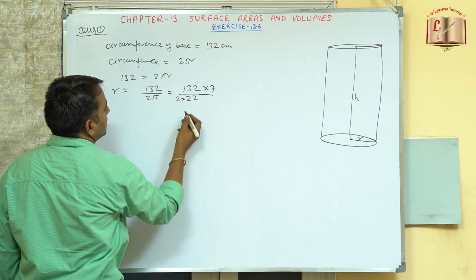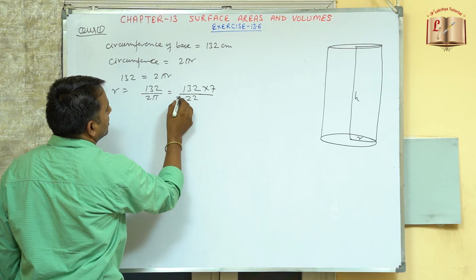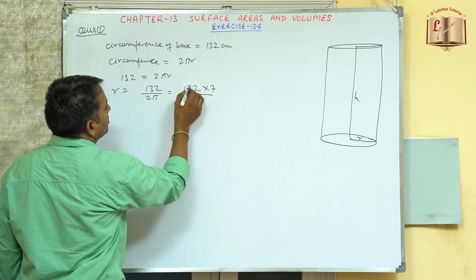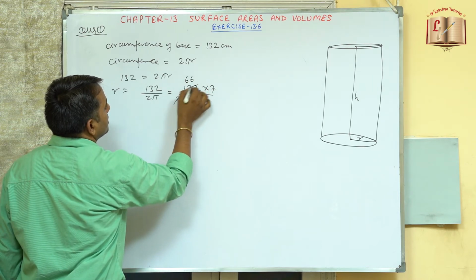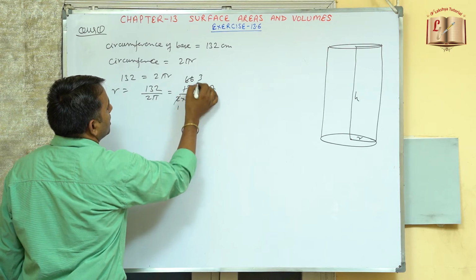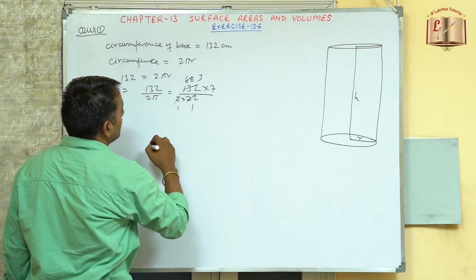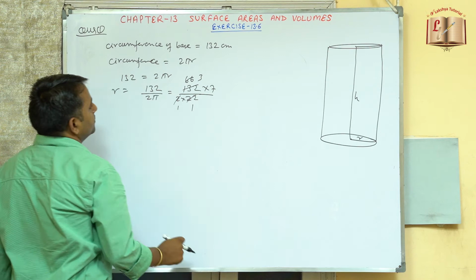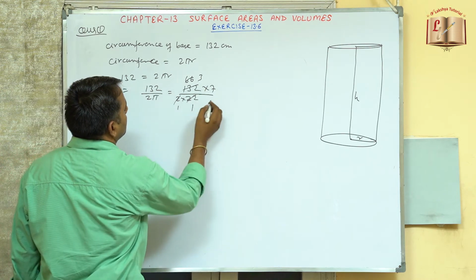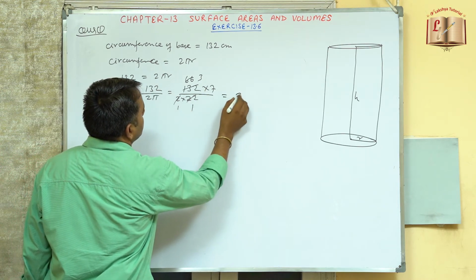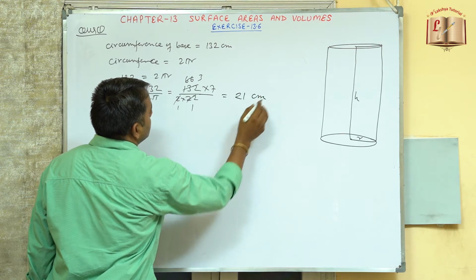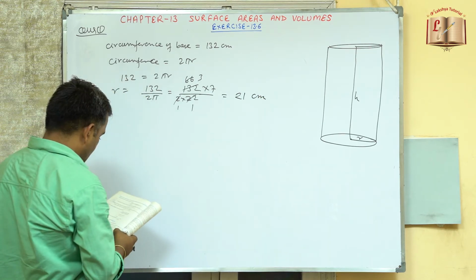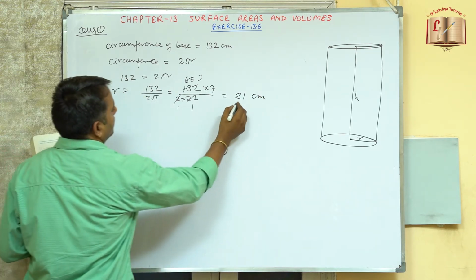So this will be equals to now 21 centimeters. So we got the radius is 21 centimeter for this.